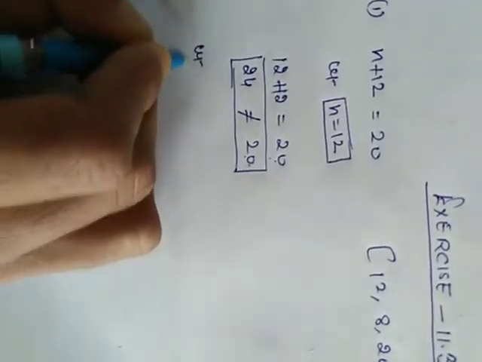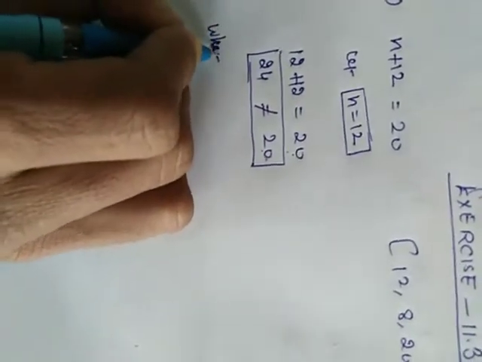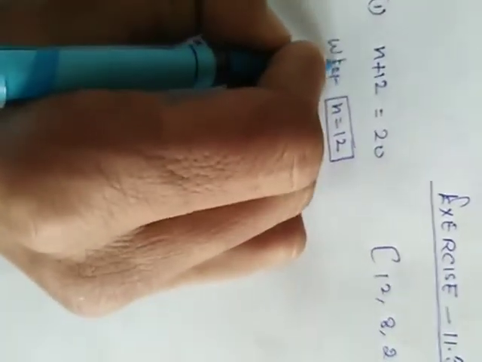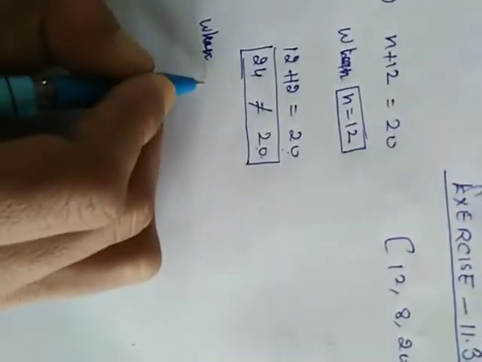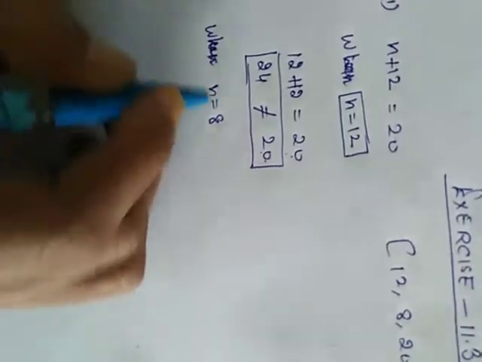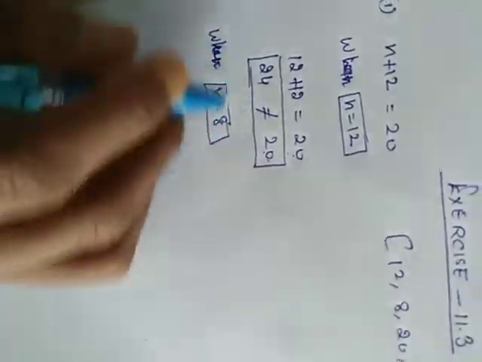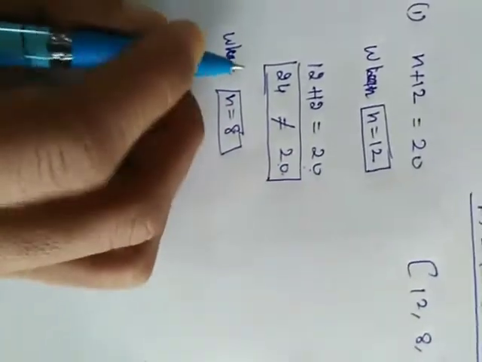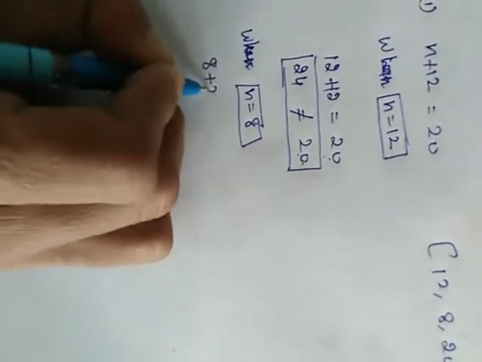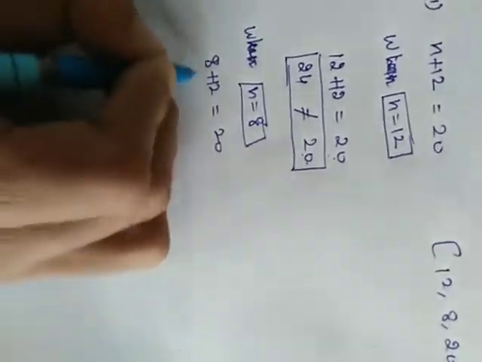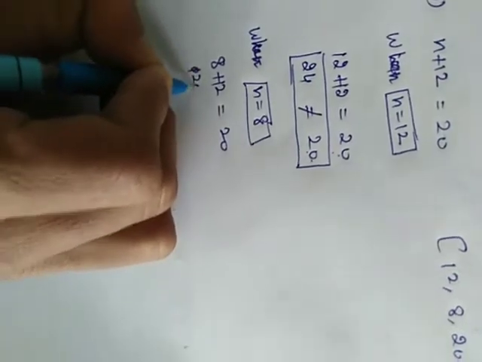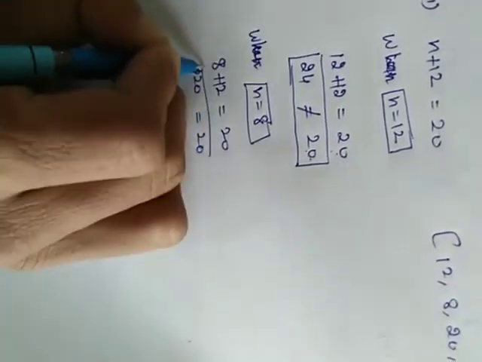We will use "when" because the value is already given to us. So when n is equal to 8, what will we get? Is the equation true or not? 8 plus 12 is equal to 20, that is equal to the right hand side.